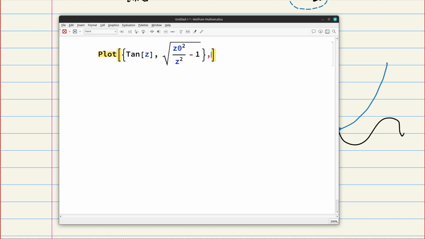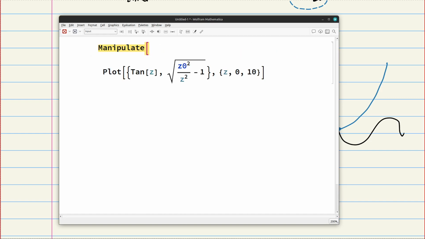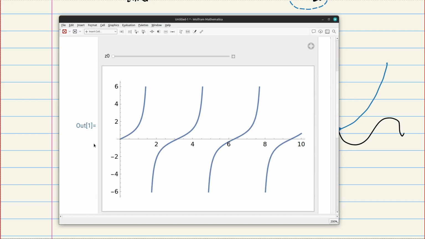Let's draw it from z equal to 0 to 10. And I also need to put something for z naught, and I'll do it with Manipulate. You need to put a comma here and put z naught from 0 to 5. Right now z naught is 0.